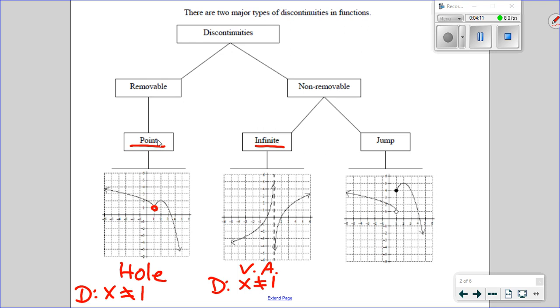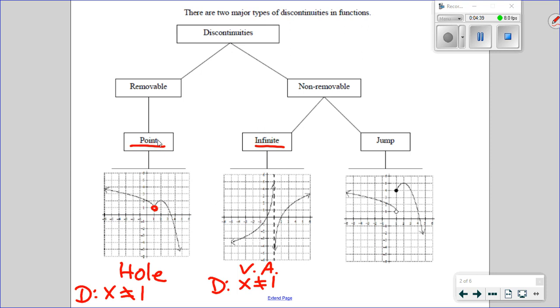Now, a little bit more about the meaning of removable and non-removable. You can think of those terms also as like the severity of the discontinuity. So like a hole in the graph is not as severe as a vertical asymptote, okay? And in some cases, think of the hole as like a problem.